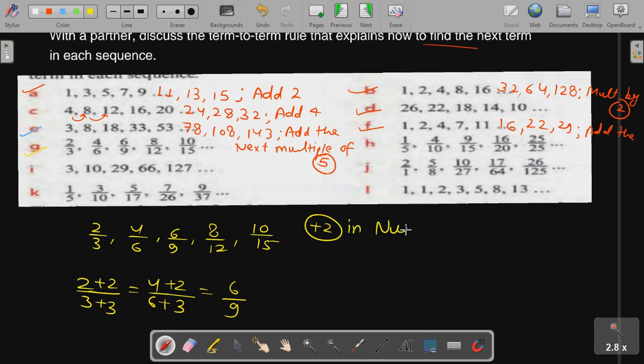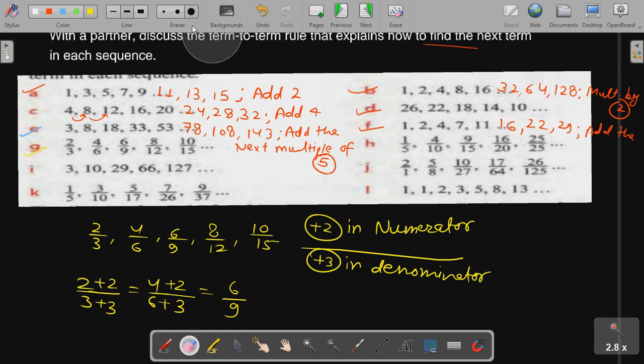So the rule is we add 2 in the numerator and 3 in the denominator.